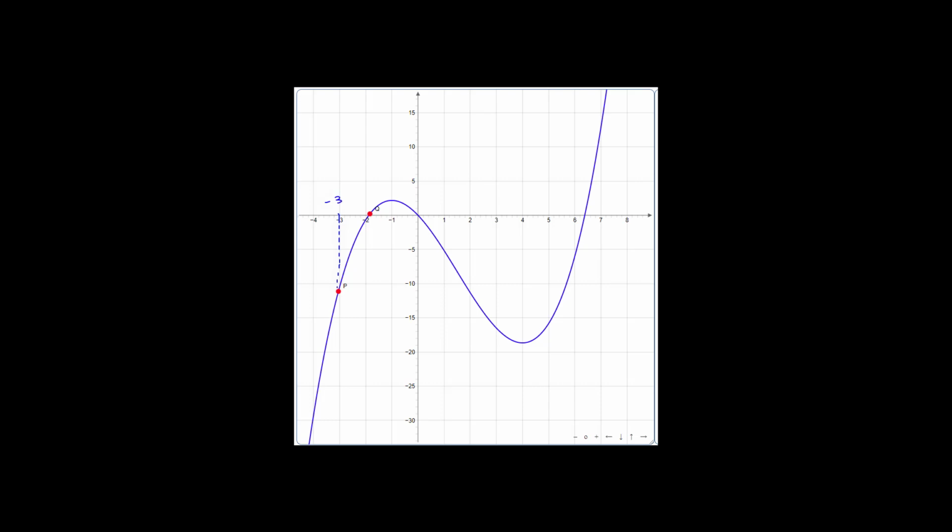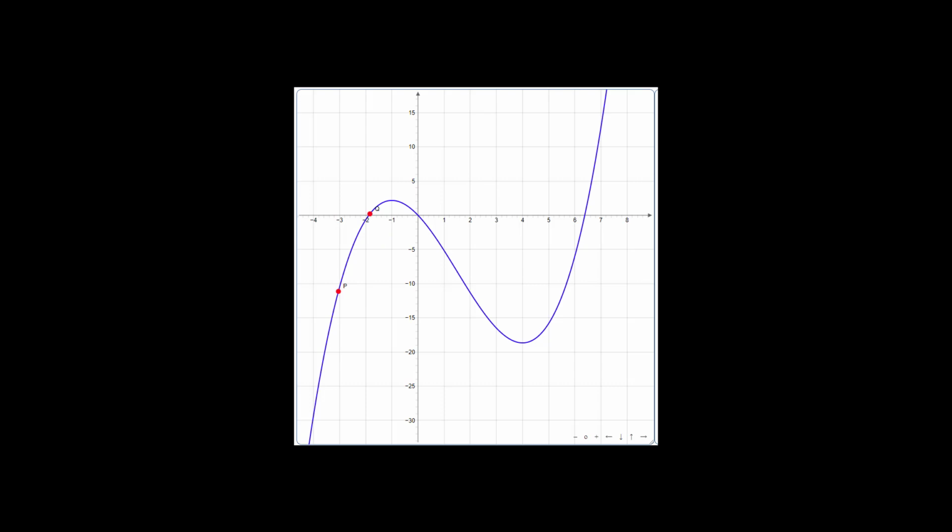The x value of q is about -1.9, pretty close to -2. The point is that the x value of p is less than the x value of q, and I'm always going to keep that consistent because that was one of the rules in the statement we just had, that x1 has to be less than x2.